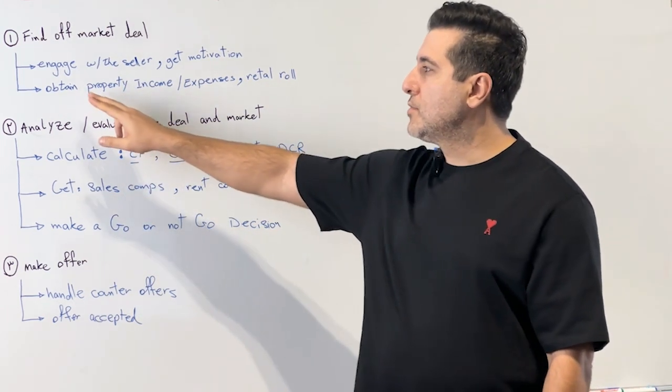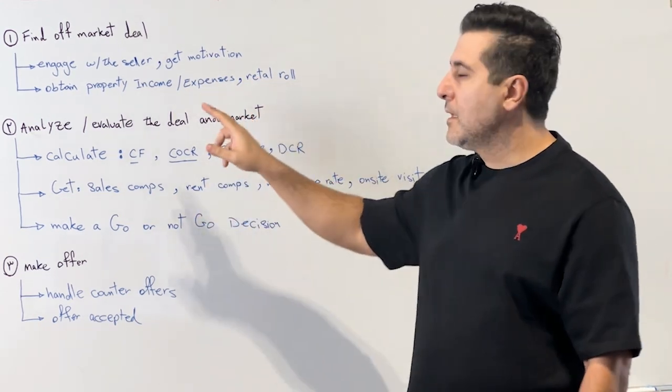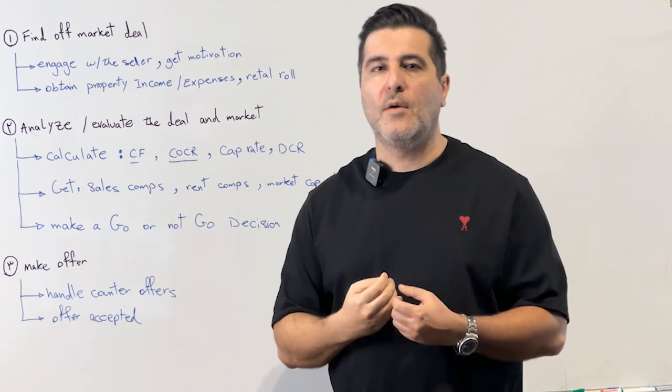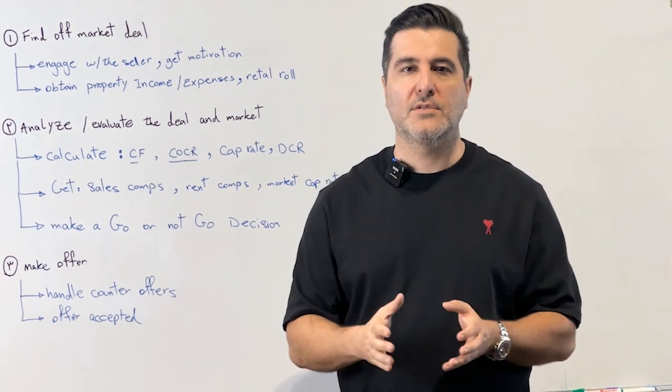And you also should obtain the property income and expenses and the rent roll. When you are getting the expenses and the income for the property, you have to try to get the past 5 years.